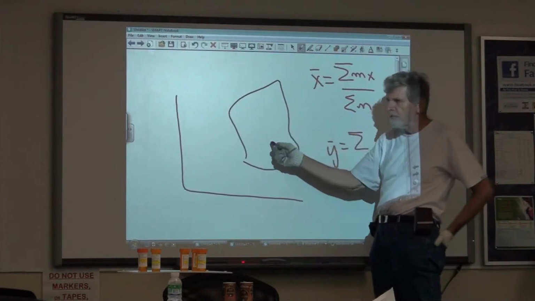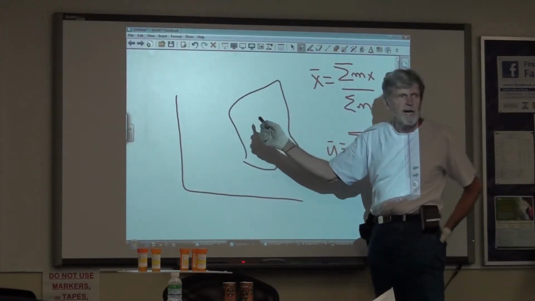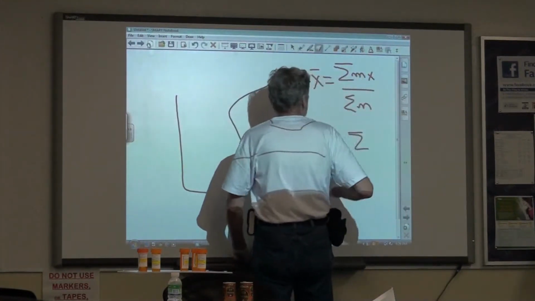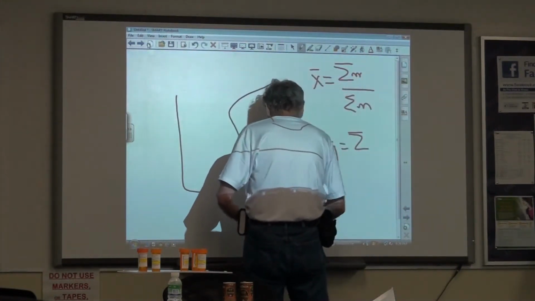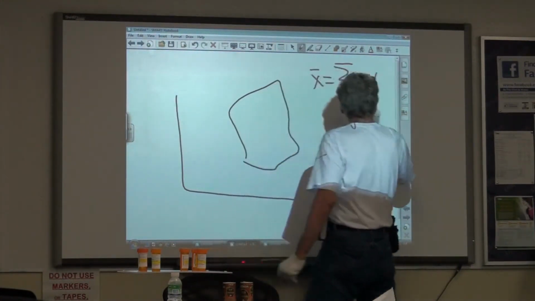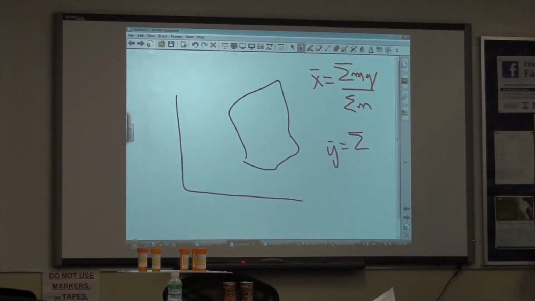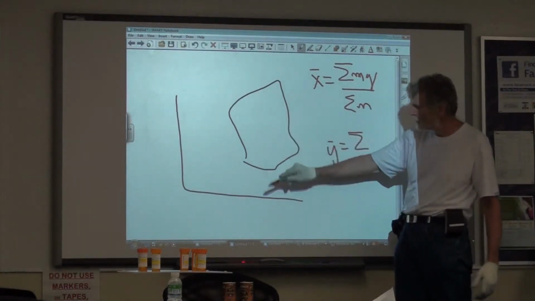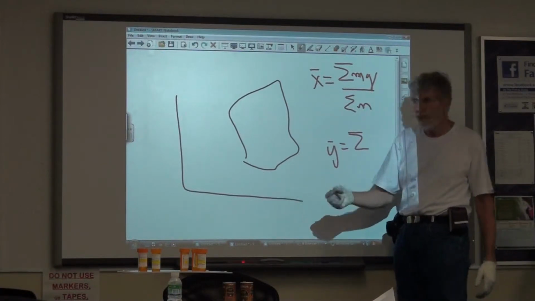So the x center of mass is going to rotate about what axis? Y. The y, because I asked you, that's why, don't get smart. Okay, the y-axis. So the x center of mass is its distance to the y-axis. And the y center of mass, the moment of the y center of mass is going to be about what axis? About the x-axis.